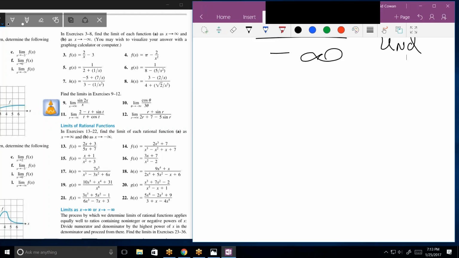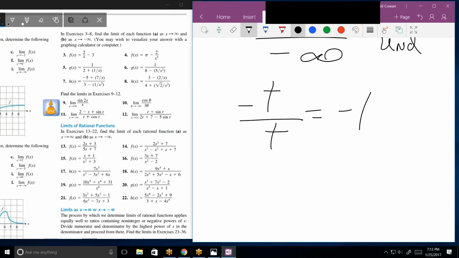And that kind of gets back to problem number 11, where I basically had minus t over t, which is the ratio of those coefficients, -1.